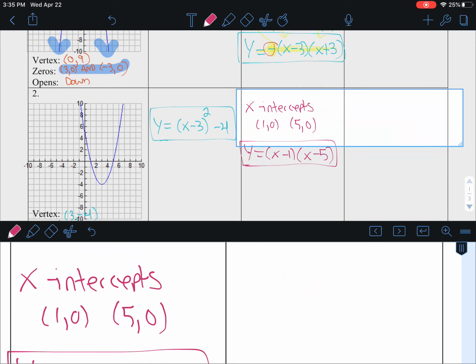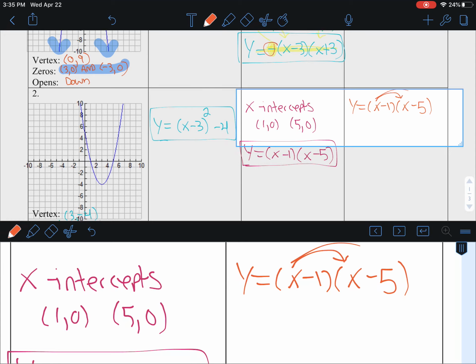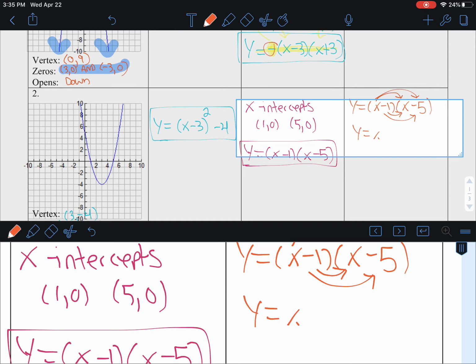And then for standard form, there are 2 ways of doing it. You can use your factored form equation. Again, you have to use the equations here. You cannot just look at the graph and pull off the standard form. You look at your factored form, and guess what you do? You FOIL, or you distribute and combine like terms, in order to figure out the standard form.